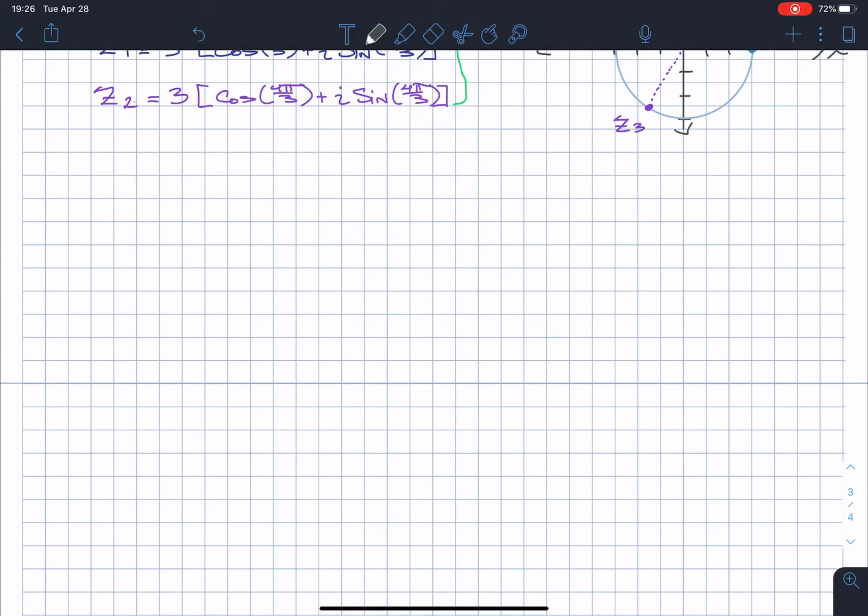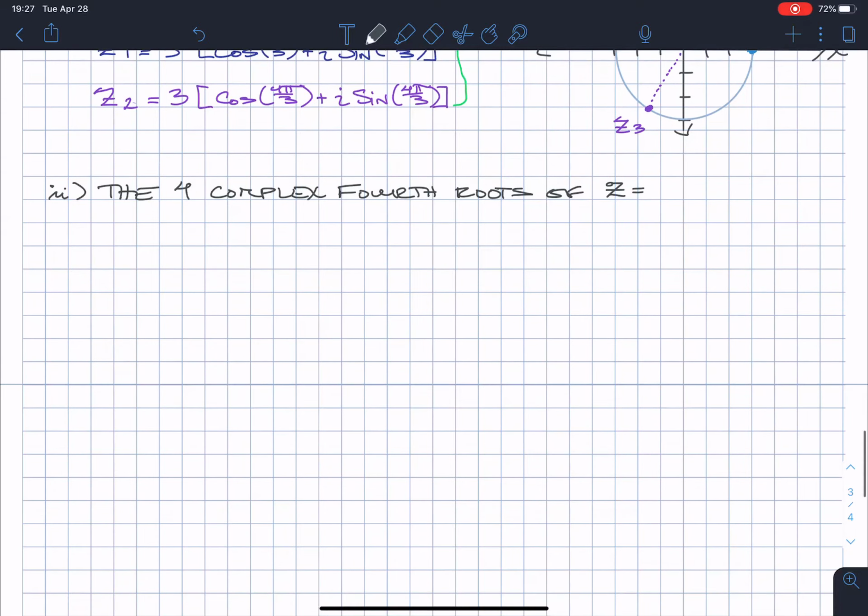Let's say for number 2, let's have the complex fourth roots. So the 4 complex fourth roots. In this case, n is 4, fourth roots of z being equal to, let's see, what shall we do? 8 minus 8 root 3 times i.